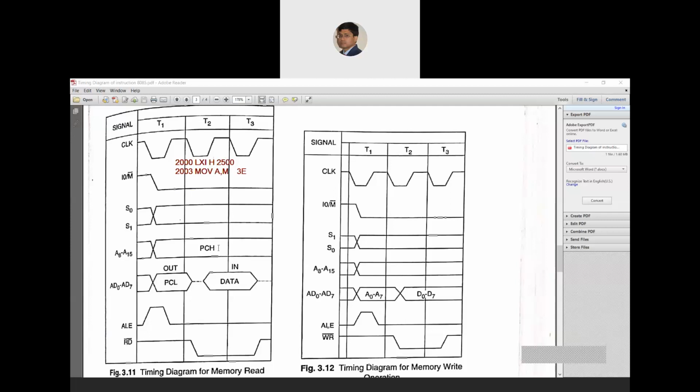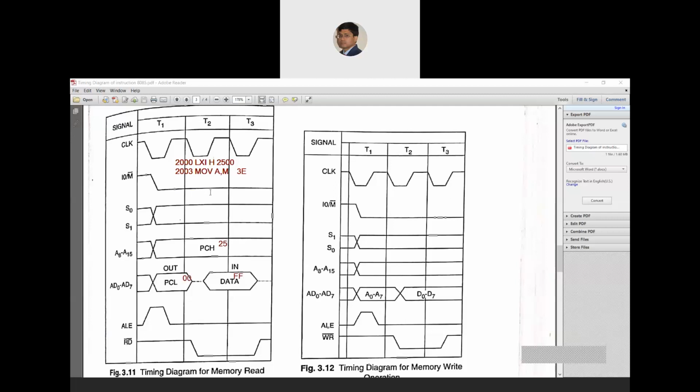So your PCH will be 25, your PCL will be 00, and your data, suppose in that location you have some data, suppose that data is FF.